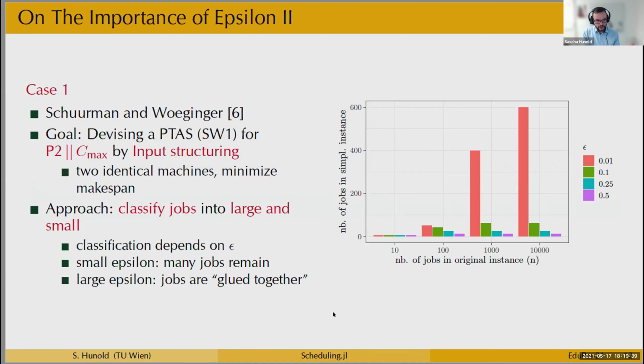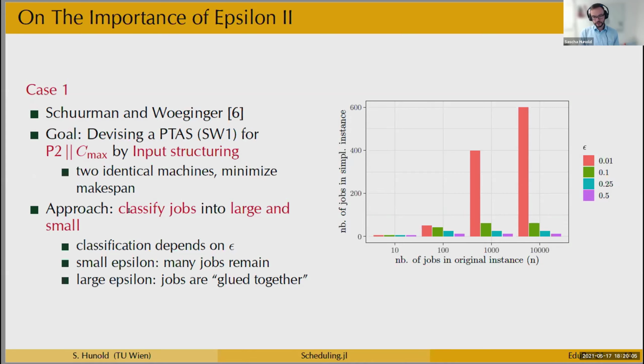Okay, so one example is this. We look into the p-task that was proposed by Schuurman and Woeginger in this tutorial on approximation schemes. And here it's just 2 machines, classical problem, 2 machine scheduling. It's basically taught in all the scheduling classes. We try to minimize the makespan, and we try to do that here by input structuring.